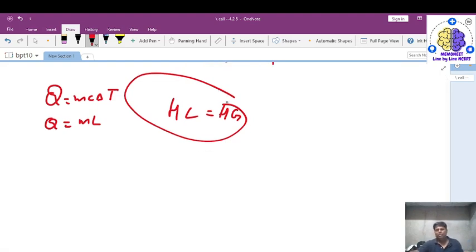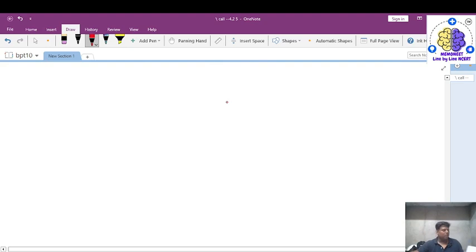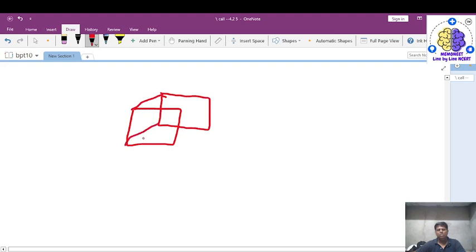Now the next thing we are supposed to study is thermal conductivity, right? Now suppose we have a solid substance. Let's say there is a cube, right?